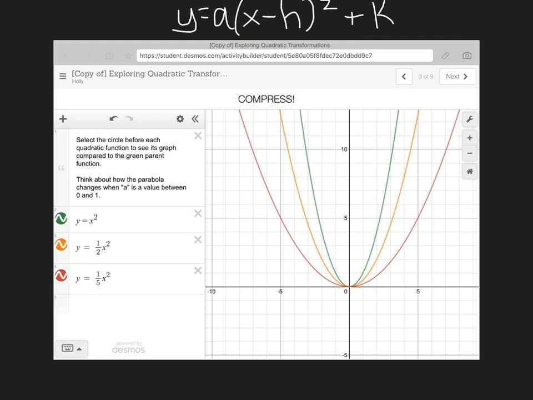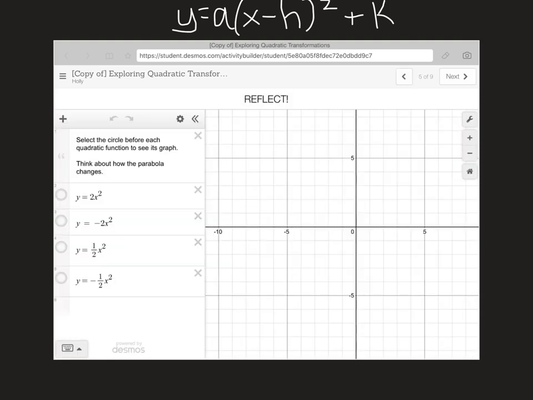So when you have an a value that's less than 1, it's going to cause the line to increase more slowly, and so we would call this a vertical compression, meaning that when we say compress, it's not moving as quickly up the vertical axis, so the y value is not increasing as quickly.